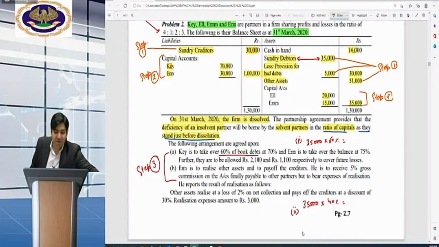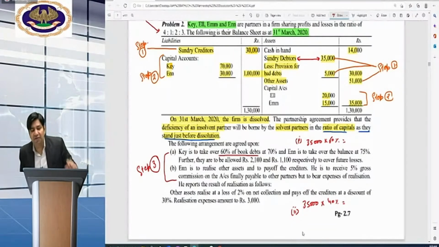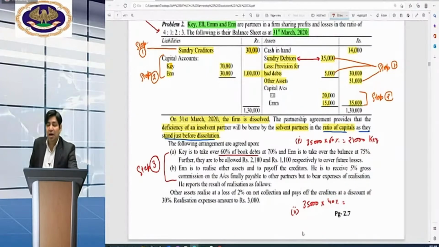Yes, beta, everyone is answering correctly. So 35,000 multiplied by 70%, that is 24. Wait a minute, not 70, that is 60. 35,000 multiplied by 60%, it means 21,000 are the book debts for which Mr. Key is saying that I will collect the money from him.